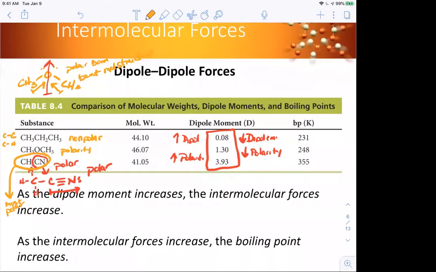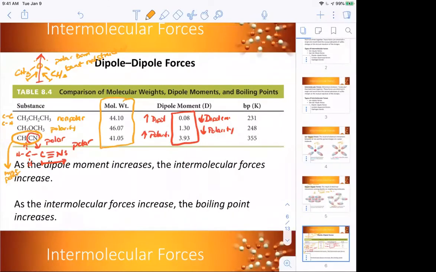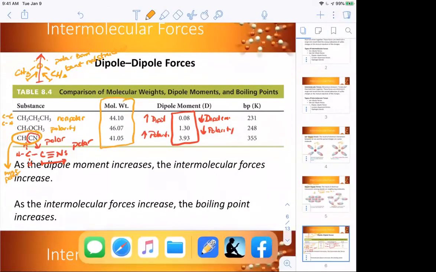Now, this is also important. I have to be able to compare apples to apples. If I have really large discrepancies in the sizes of the molecules, I don't know exactly what's going to happen in that case.